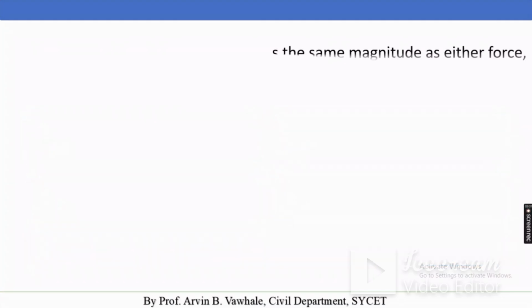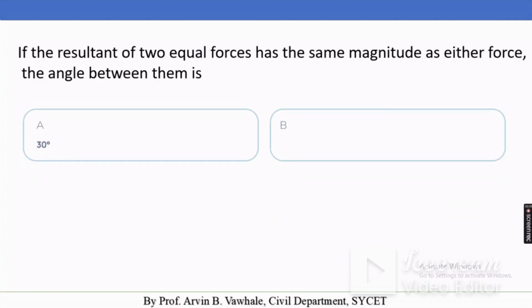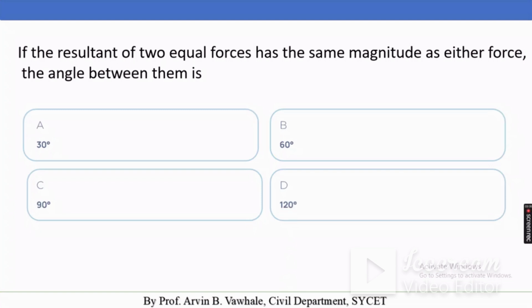7. If the resultant of two equal forces has the same magnitude as either force, the angle between them is A, 30 degrees, B, 90 degrees, C, 60 degrees, D, 120 degrees. For equal forces, R equals 2F cos theta by 2.